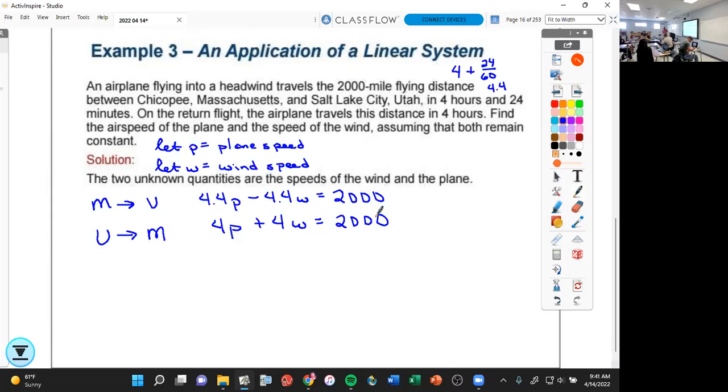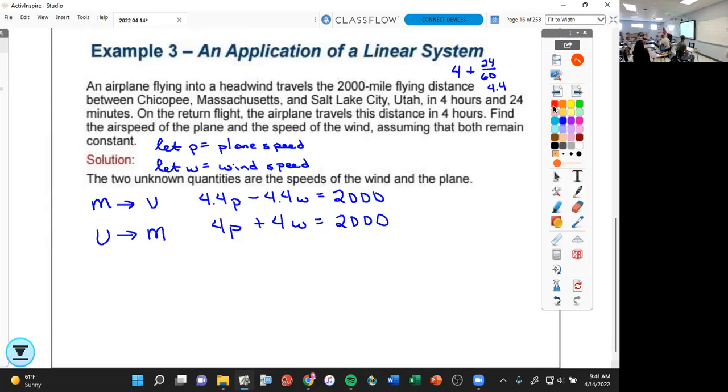I'm going to tell you right now, there is no way in the world I would ever solve this problem using elimination. I would not do it. But the problem is in the elimination section, so let's do it. The easiest way, well, first of all, the wind's going to be eliminated, right?